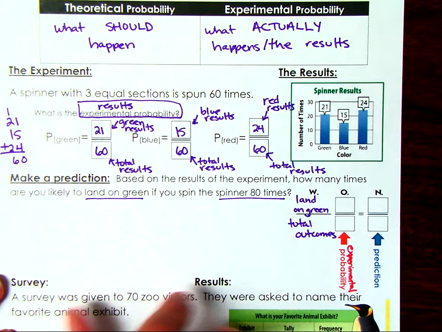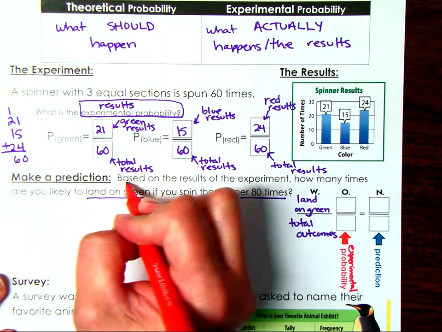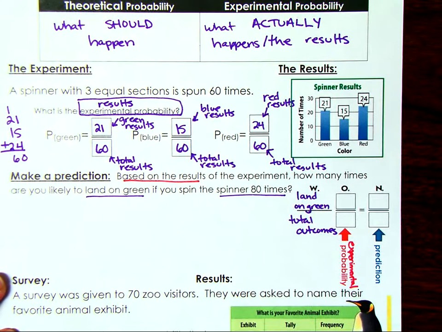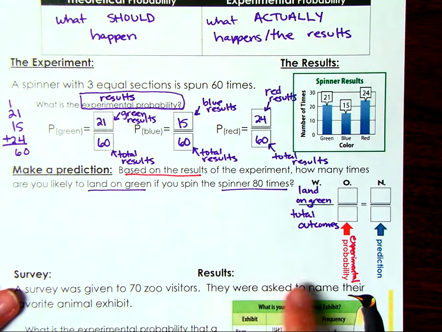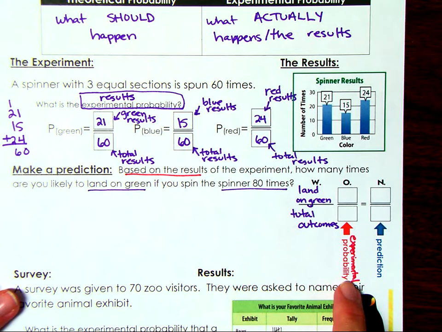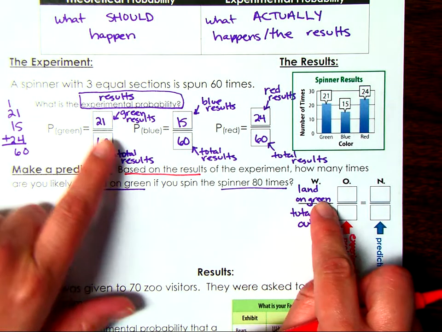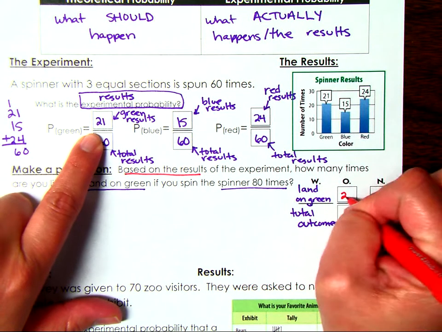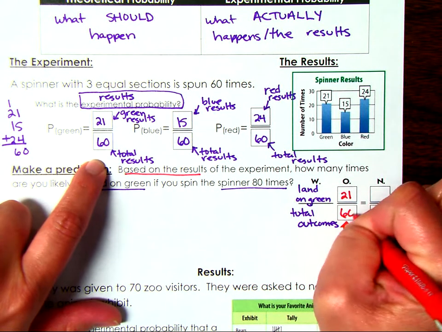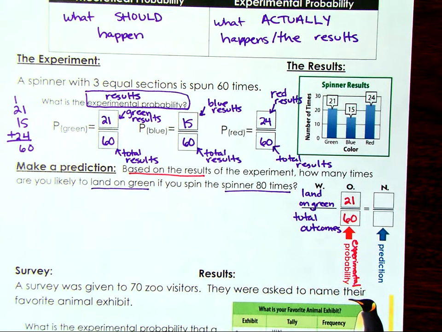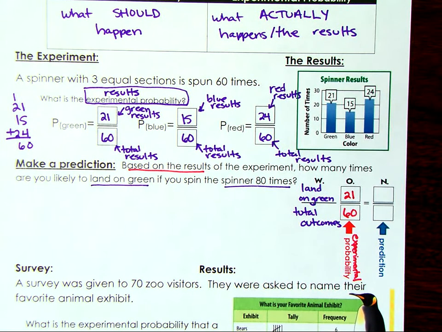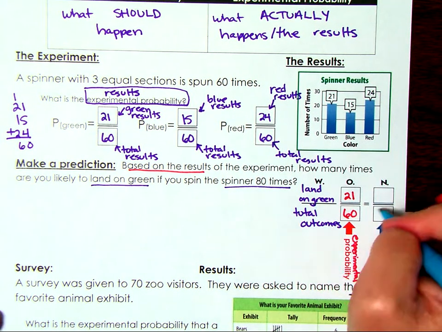So we're not going to write 1 out of 3 because it says based on the results. So as soon as you see based on the results, that means this original ratio right here is going to be the experimental probability. So landing on green, we had a 21 out of 60 chances that we landed on green. Okay? Then they want to know about spinning 80 times.